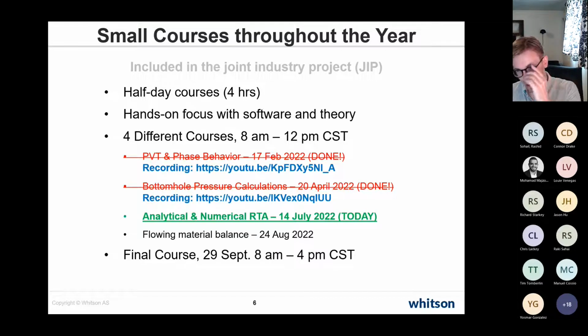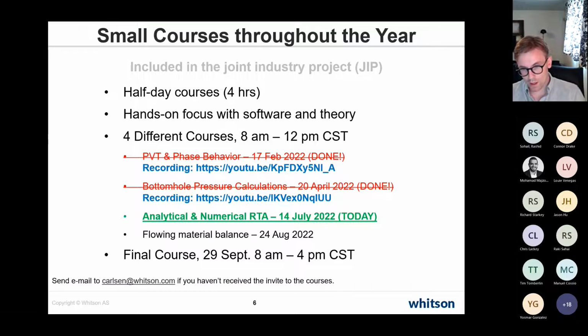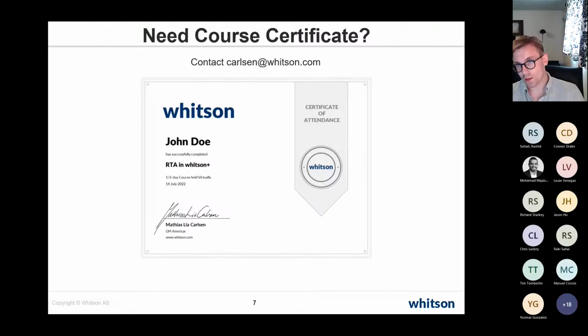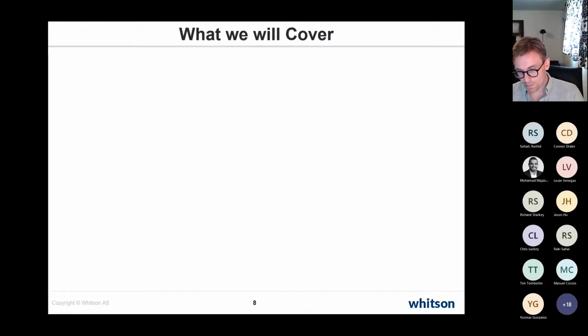There's also a final course that is a part of the last knowledge sharing session at the end of Q3. If you want to join any of these courses and you haven't received an invite yet, just send an email to myself. And also, if you need a course certificate for registering these hours for different training purposes, just let me know, and we'll make that happen as well.